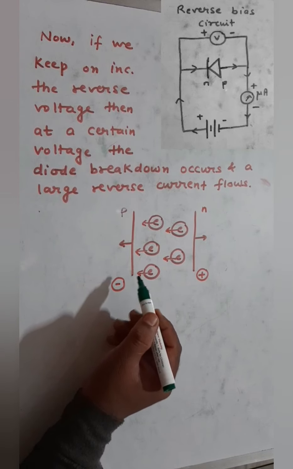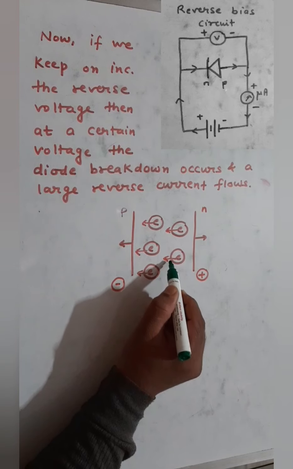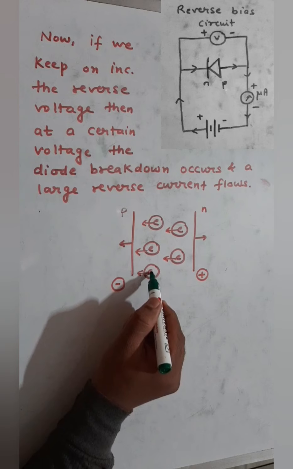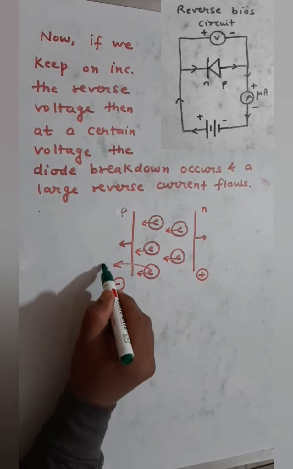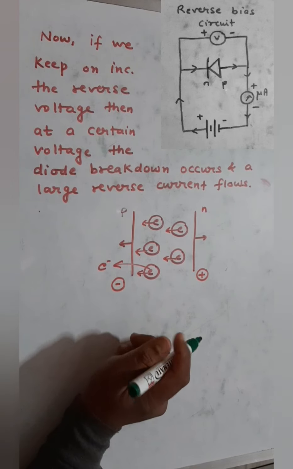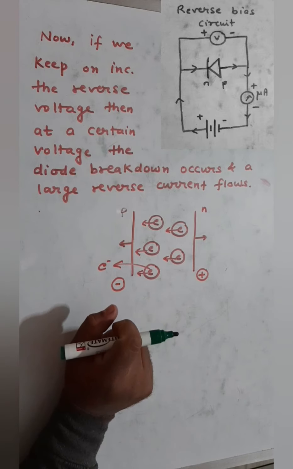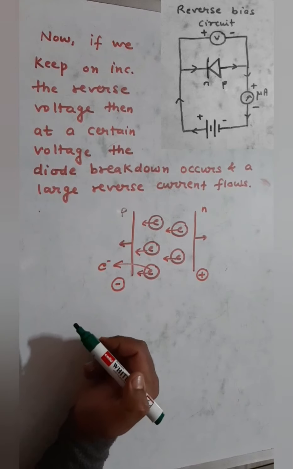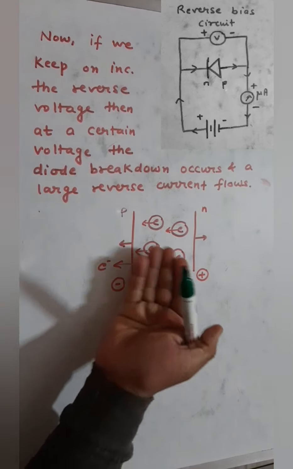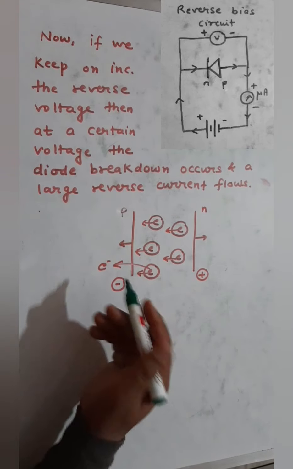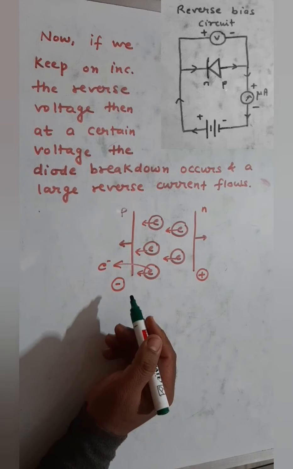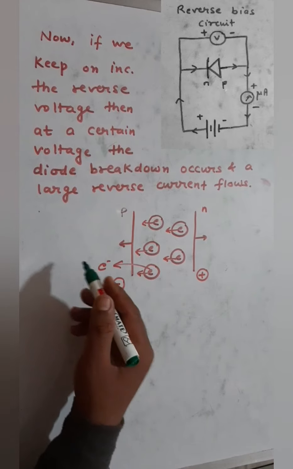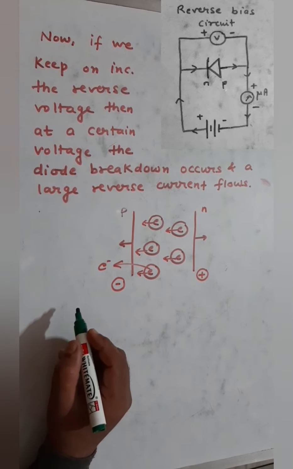Now what is a breakdown? At this value, the force on an electron will become so large that the electron will be torn out of the bond. Basically the covalent bond will be broken and the electron will be forced to come out of its site. As a result, a large number of electrons will come out of their covalent bonds, because now the applied potential across the diode is quite large.